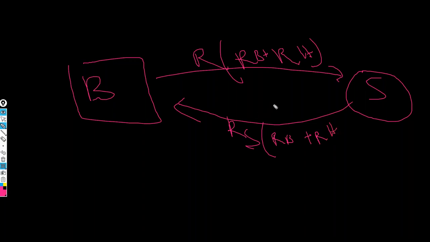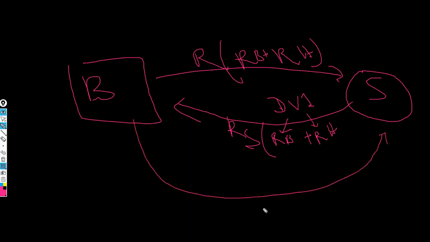Now the server has sent a DV value, dynamic value, either in the response body or in the response header. Whatever the next request you are sending, either in the request body or in the request header, you have to send back that DV1 which came previously. Then only the server will entertain this request. Fine.